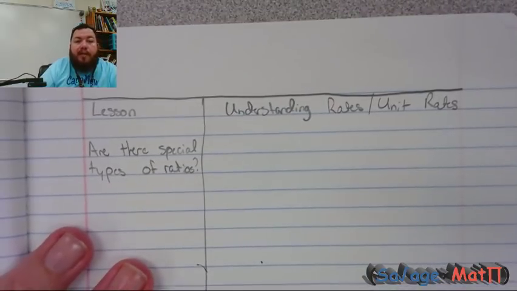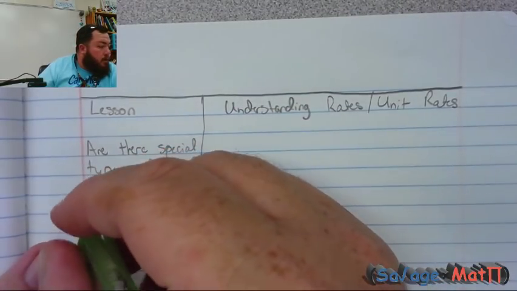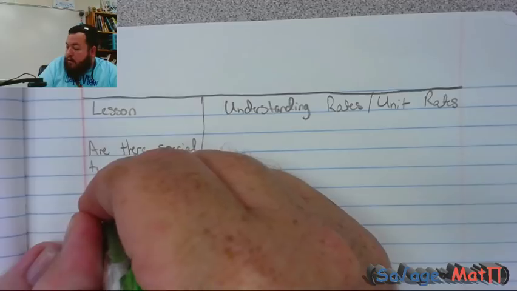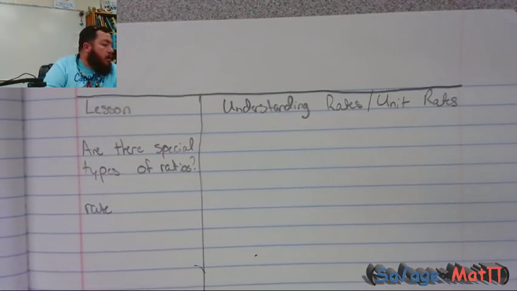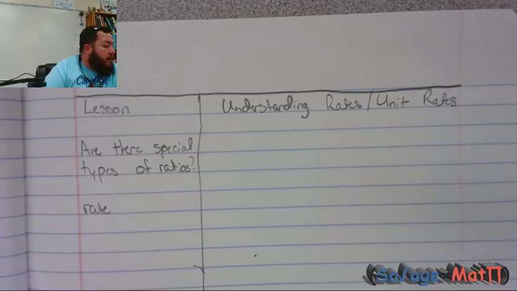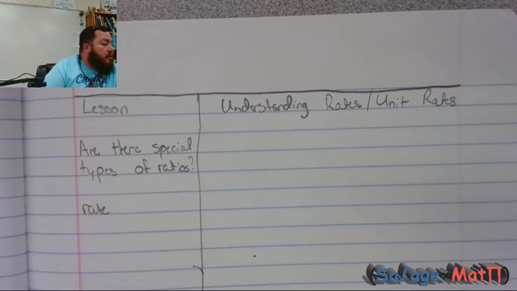Okay, and then our first vocab word is going to be a rate. A rate is a special type of ratio that compares quantities with unlike units of measure, such as 150 miles in 3 hours. If the comparison is to one unit, the rate is called a unit rate.